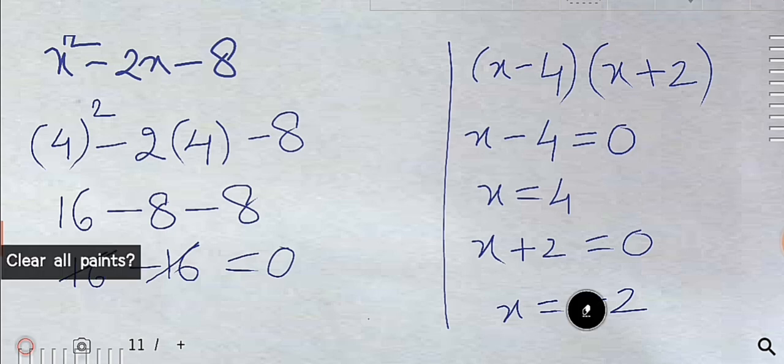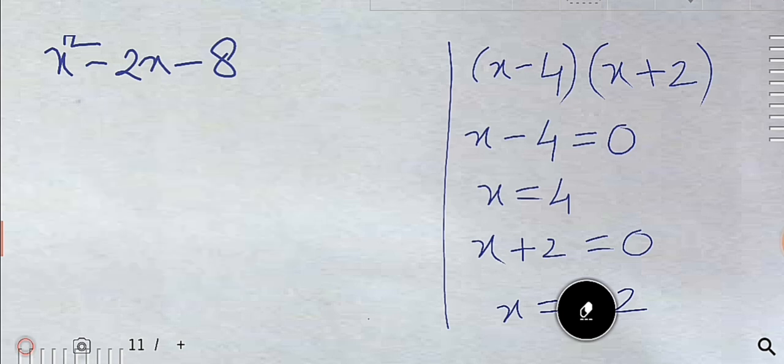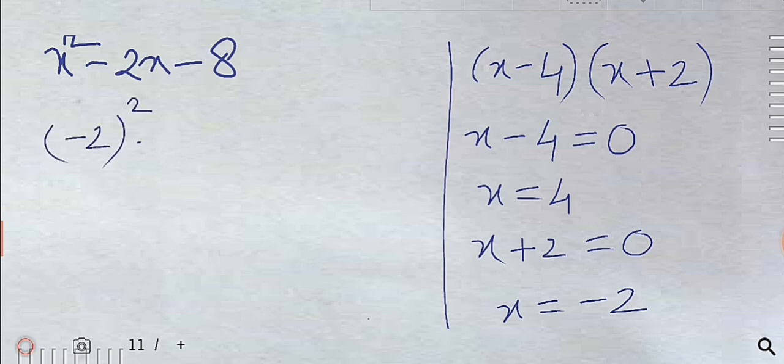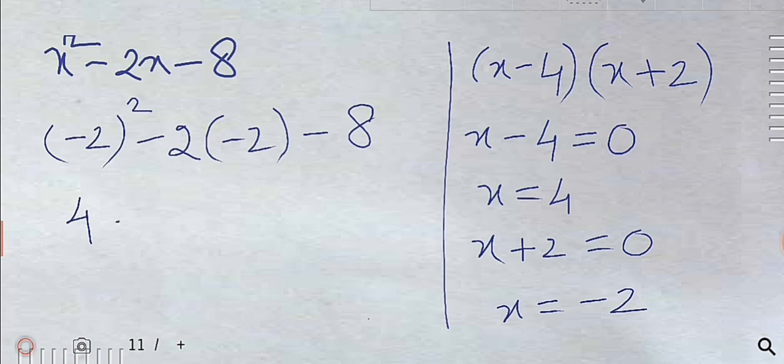Okay, now let us check the other one. Minus 2 square minus 2 into minus 2 minus 8. Minus 2 square is 4, minus 2 into minus 2 is plus 4, minus into minus is plus, 2 2s are 4, minus 8. 4 plus 4 is 8, minus 8.